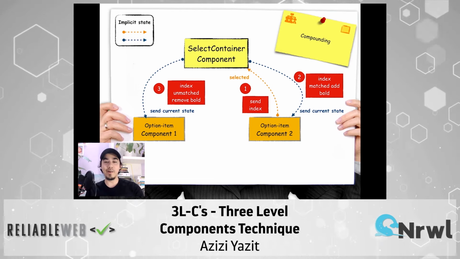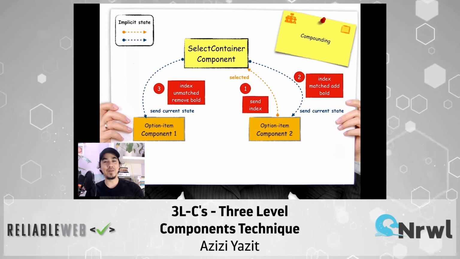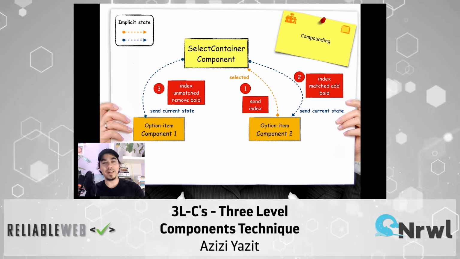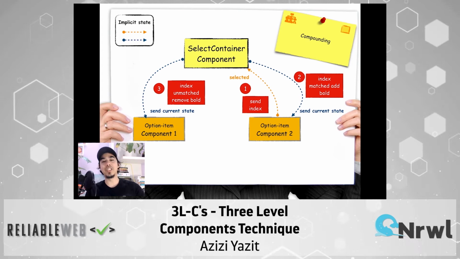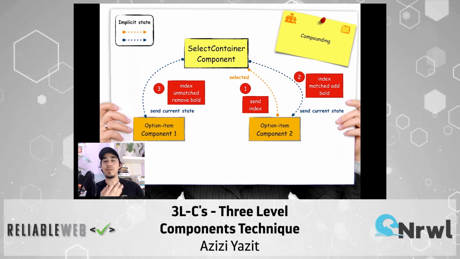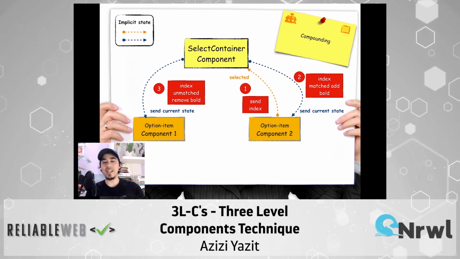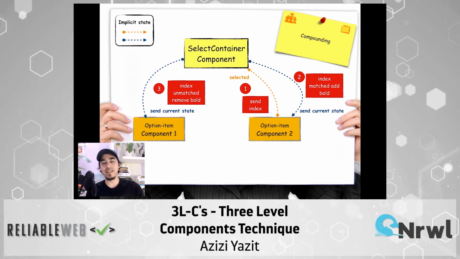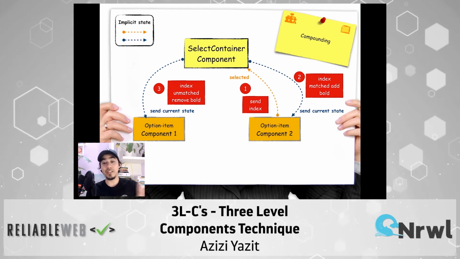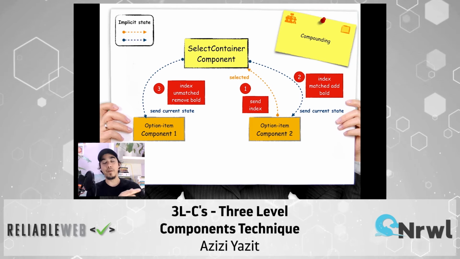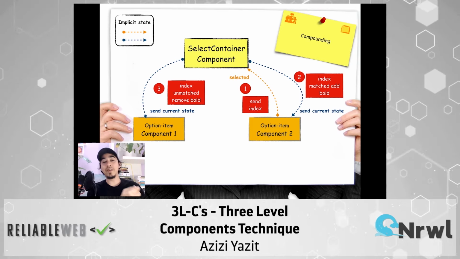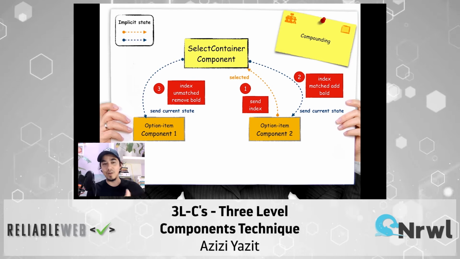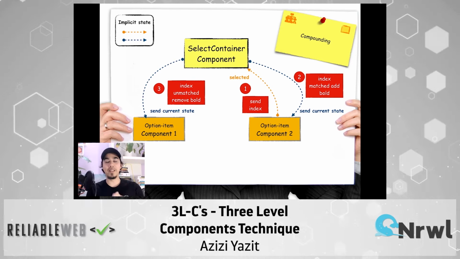Imagine that we click on option two, then the selected index will be updated in the state of the select container component, and this selected index will be shared across the items, so that we are able to get the selected index, and if matched, we can do things with it, for example adding the selected style, like bold. And for the component that was previously selected, we know that it's no longer selected, so we can remove the selected style.